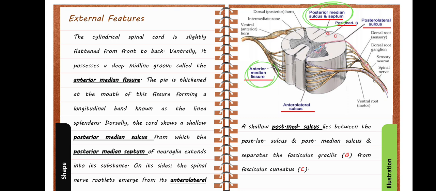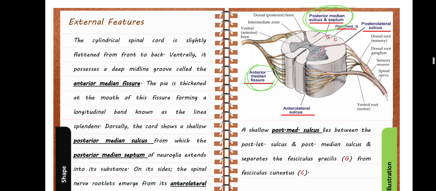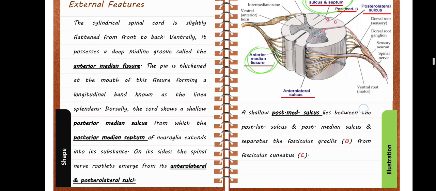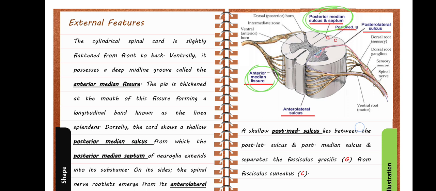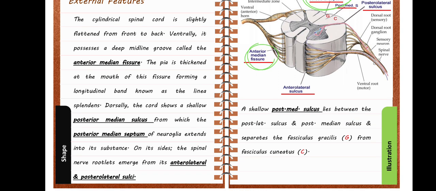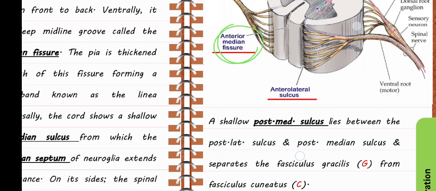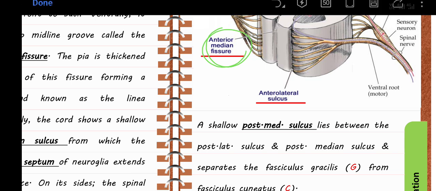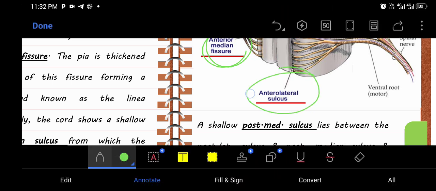On its sides, we have the anterolateral sulcus and the posterolateral sulcus. On the sides of the spinal cord is where the spinal nerve roots emerge from. If you look at this picture here, the spinal nerve roots emerge from the anterolateral sulcus, and that's the ventral root.